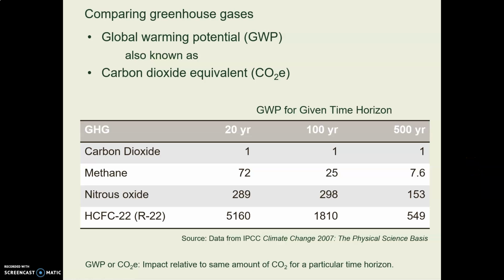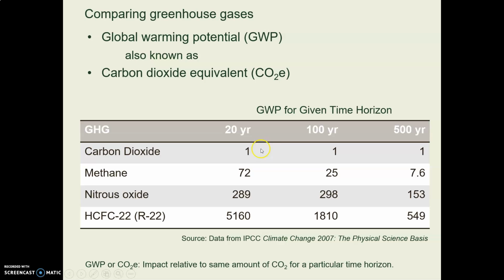So you are aware, no doubt, that carbon dioxide being released into the air is raising the average global temperature. It does that through a process called the greenhouse effect. In the sustainable buildings class, if you take that class, we talk about how that mechanism works. So you can measure the global warming potential of other kinds of greenhouse gases relative to carbon dioxide.